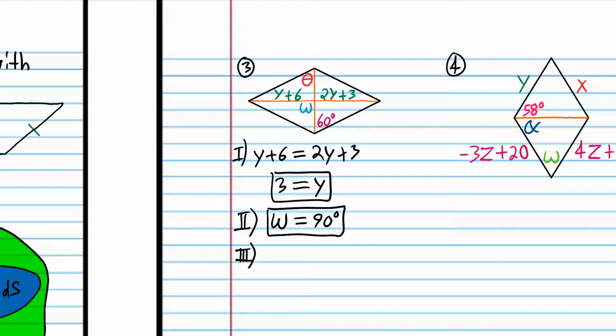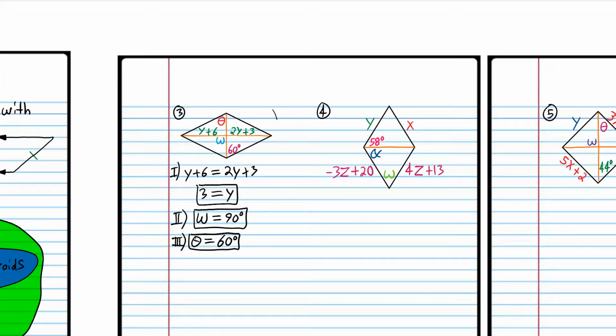And let's see here. So if you followed the logic before, you know that theta is 60. Because this angle is bisected, this angle is bisected, and those two angles are congruent, so theta must be 60. Some students might have a little trouble seeing that, but again, if you follow the logic we used last time, it's the same situation.